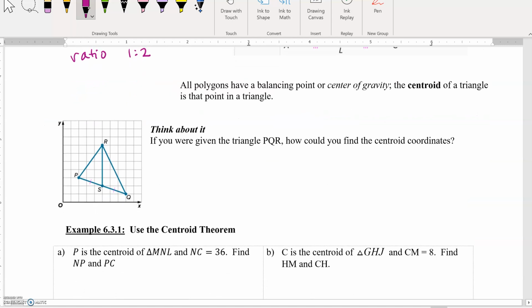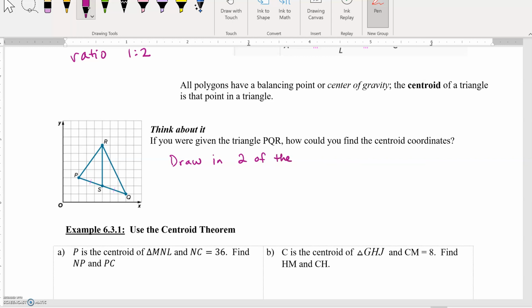So if we were given triangle PQR, how could we find the coordinates of the centroid? Well, what we would have to do is to draw in 2 of the medians. And 1 has already been drawn in for us. So we would have to think about what's halfway between R and Q. Where is the midpoint located? So 1, 2, 3, 4, 5, 6.